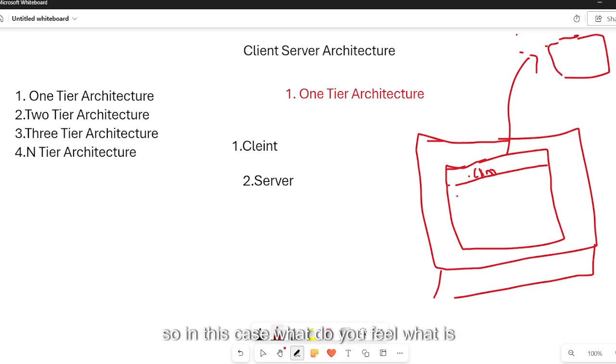In this case, what do you feel? What is a client and what is a server? If you are thinking your browser is the client, then you are correct.